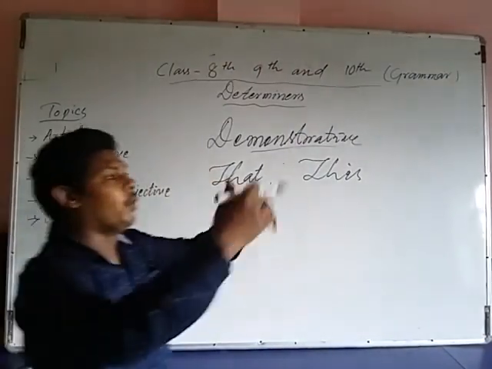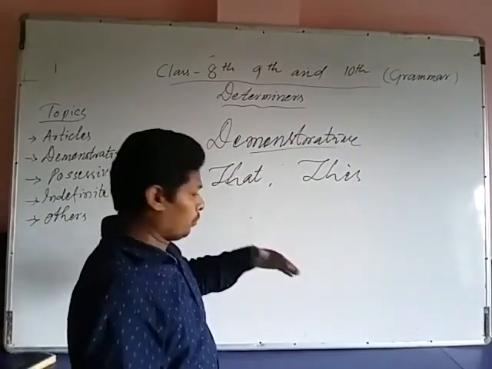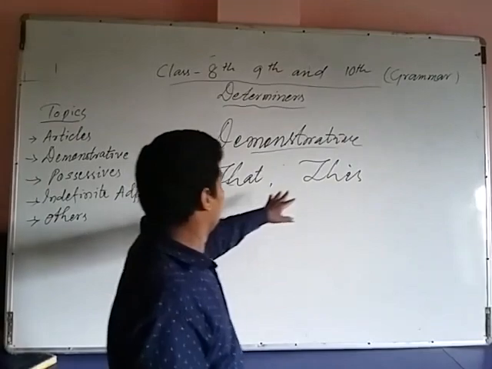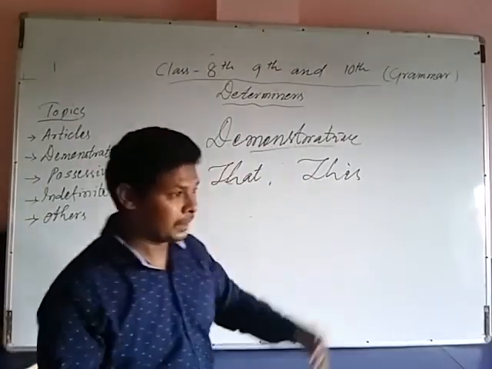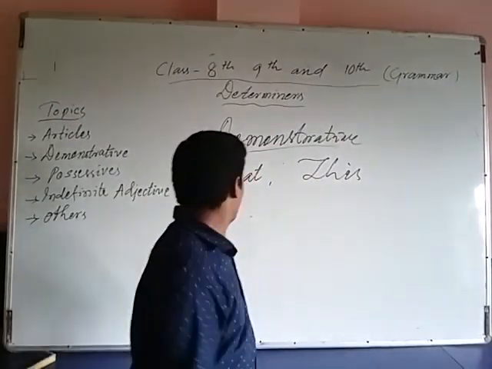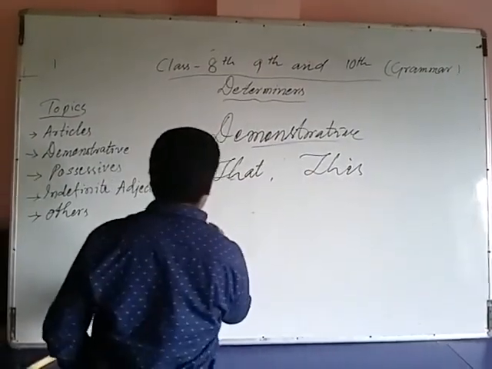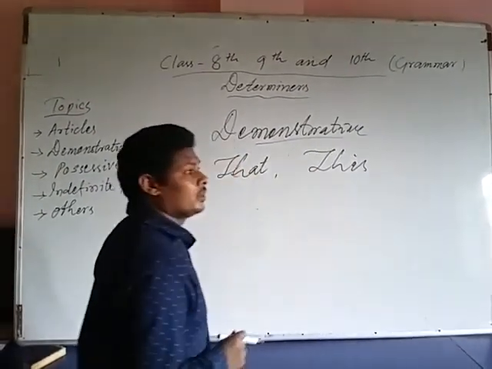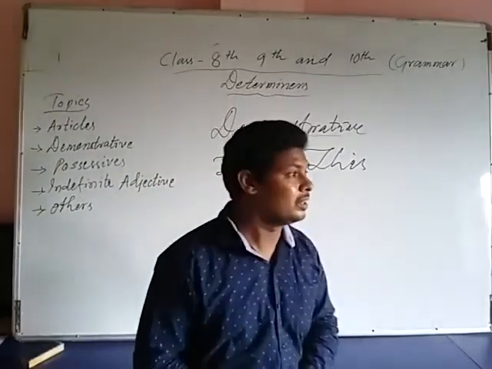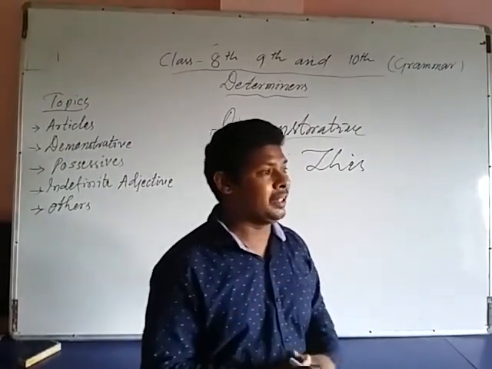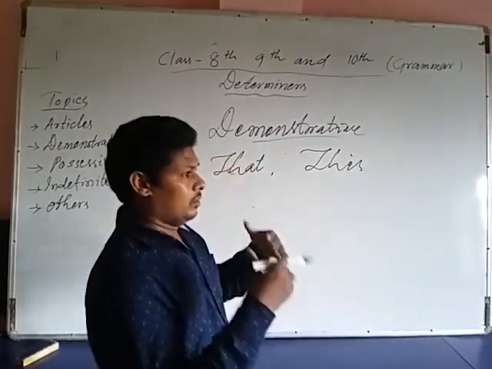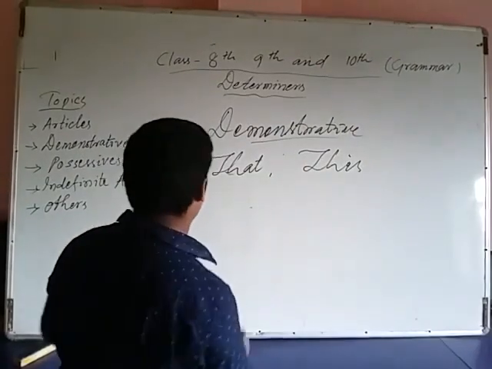That is used for things far away from the person speaking, and this is used for things near to the speaker. And that and this both can be used with human beings and materials also.